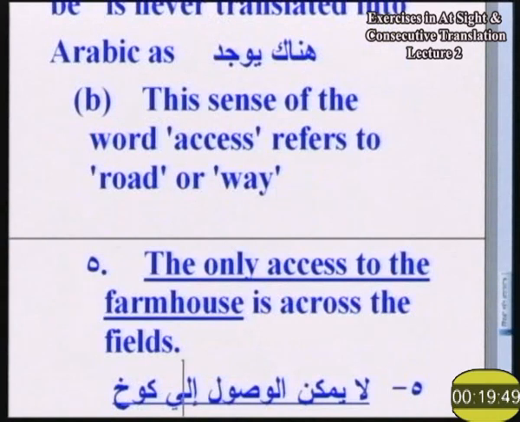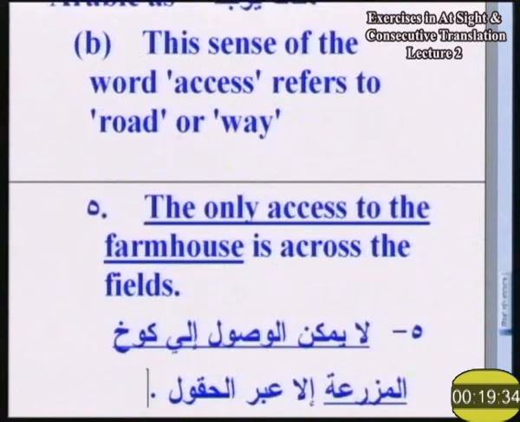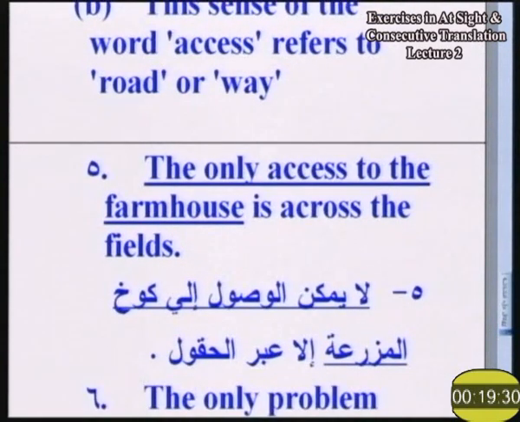In this sentence, the only access to the farmhouse is across the fields. The only access to the farmhouse is across the fields. So access here means way. لا يمكن الوصول إلى كوخ المزرعة إلا عبر الحقول.